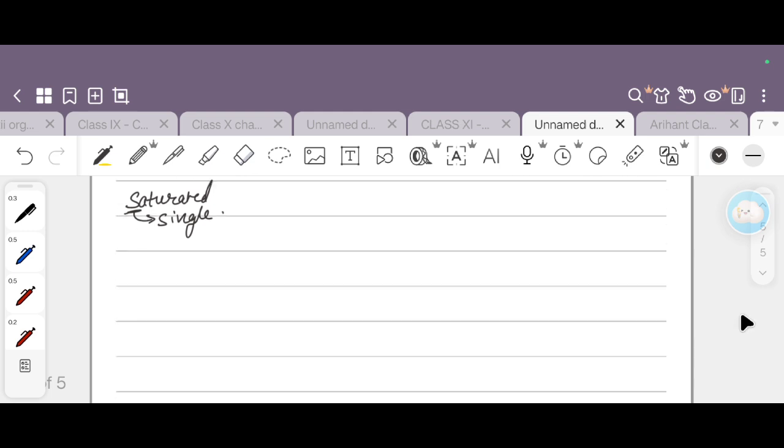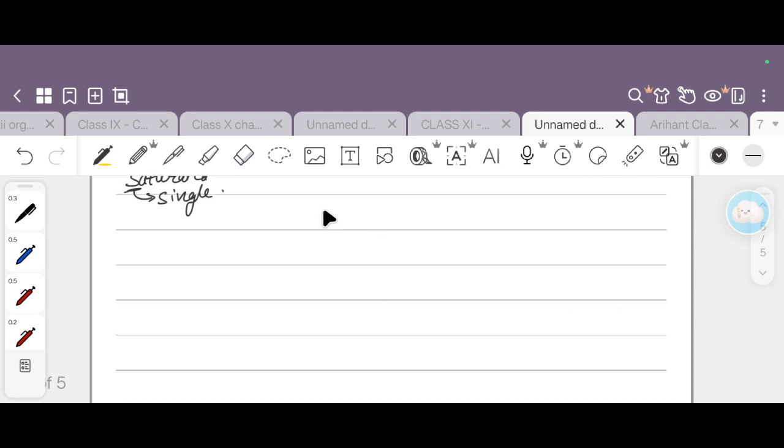Next, there are some functional groups. So I will be naming the functional groups. Like there will be some heteroatom. Hetero means a different atom from the carbon is present in the organic compound, that is known as a functional group.